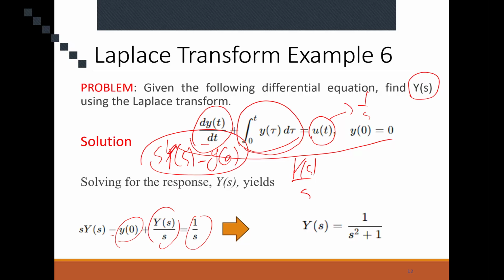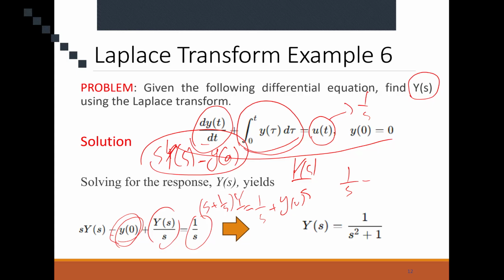Now it's a very simple algebraic system, so you can basically calculate. I made a little bit of a mistake, I think, because the initial condition is missing. Let's solve that. It is going to be 1 over s plus the initial condition, and it's going to be s plus 1 over s times y of s.